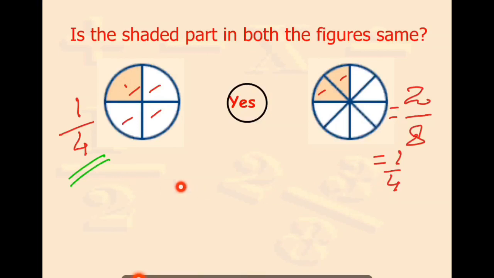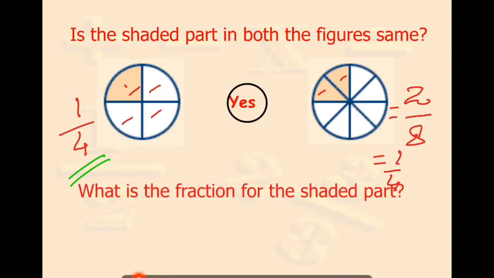So such fractions which are basically the same, but they are looking different, are called equivalent fractions. These two fractions are looking different, but basically they are the same. So such fractions are called equivalent fractions.